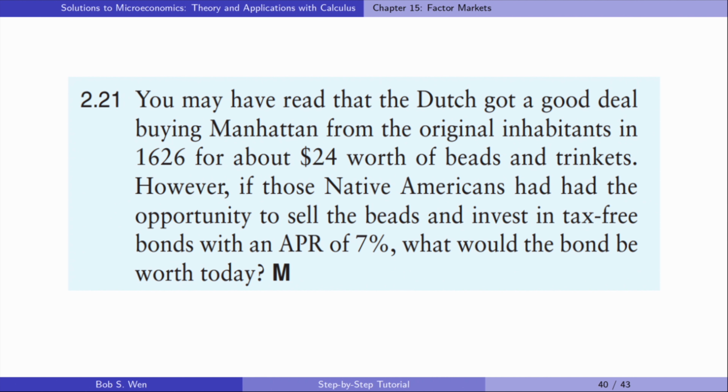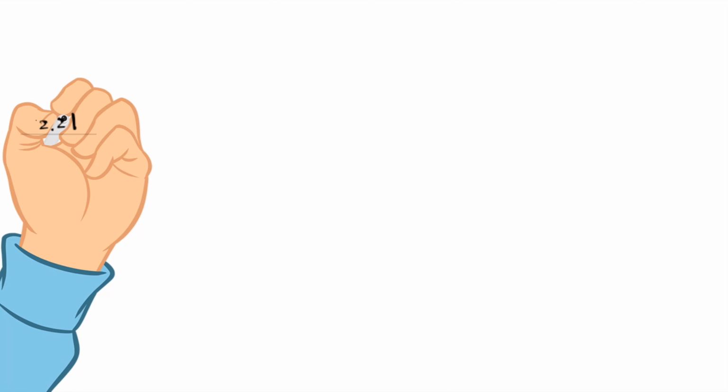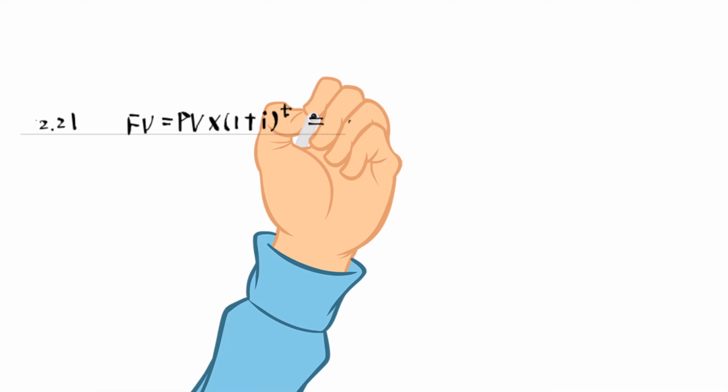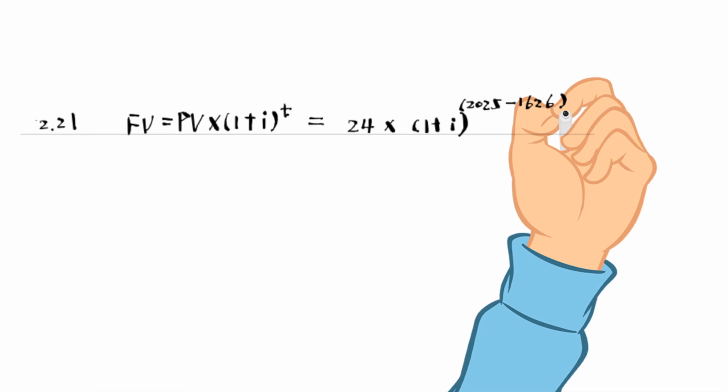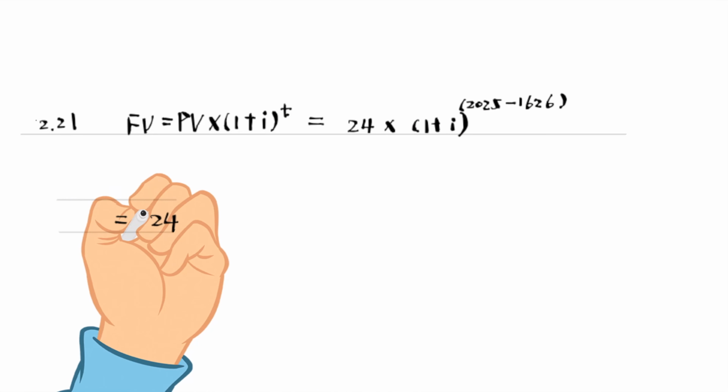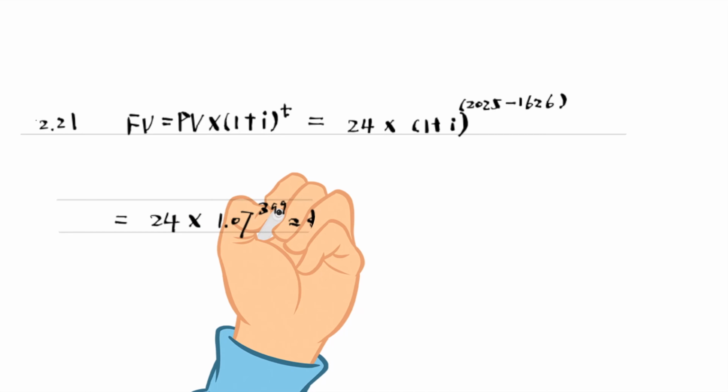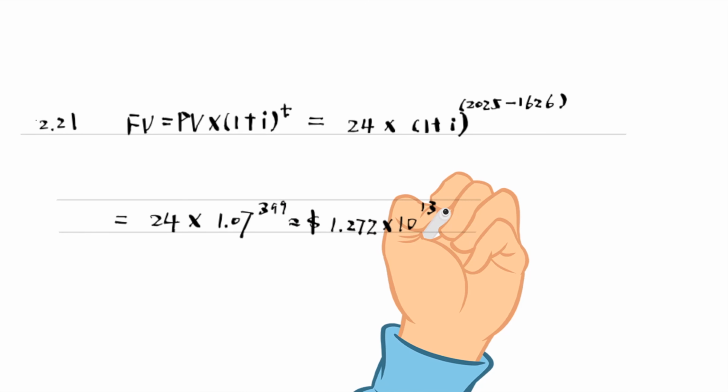However, if those Native Americans had had the opportunity to sell the brass and invest in tax-free bonds with an annual percentage rate of 7%, what would the bond be worth today? Using the compounded interest formula, we can compute the bond worth $12,720 billion.